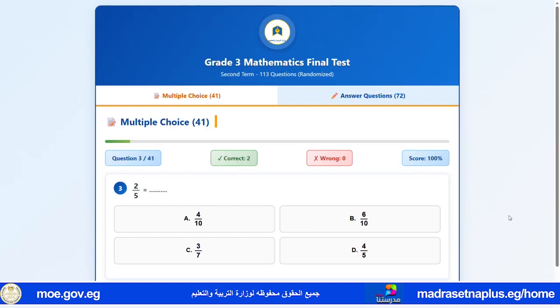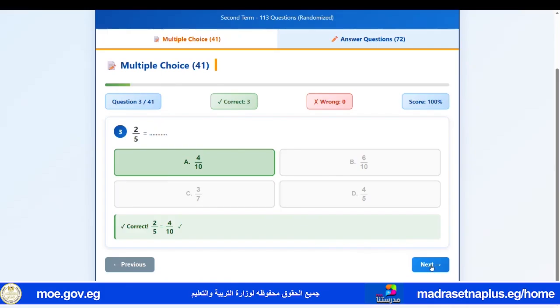If we multiply 2 and 5 by the same number, we will get an equivalent fraction to 2/5. Let's check. Multiply both terms by 2, we will get 4/10. 2 times 2 is 4, 5 times 2 is 10. So the right answer is 4/10. 4/10 is equivalent to 2/5.